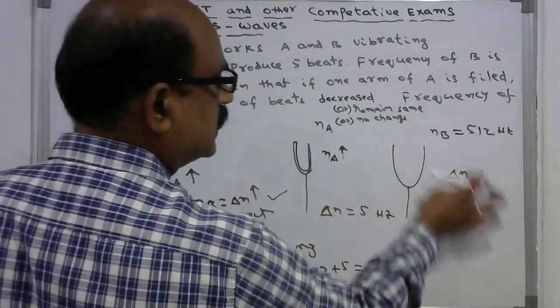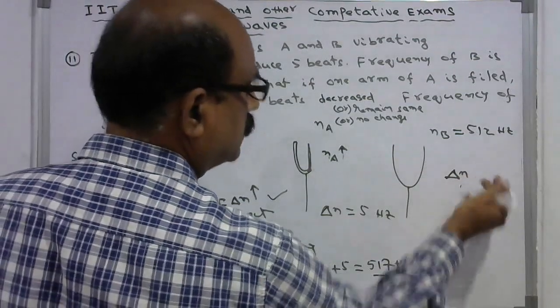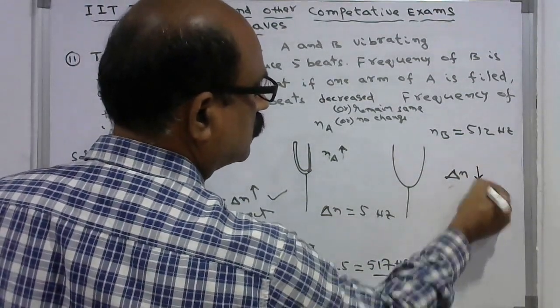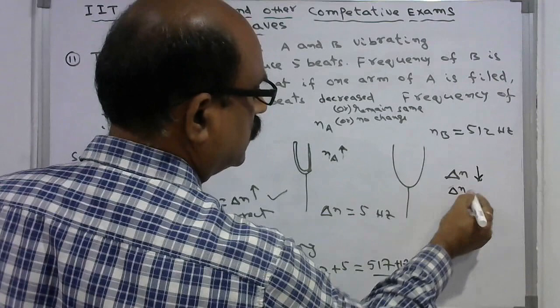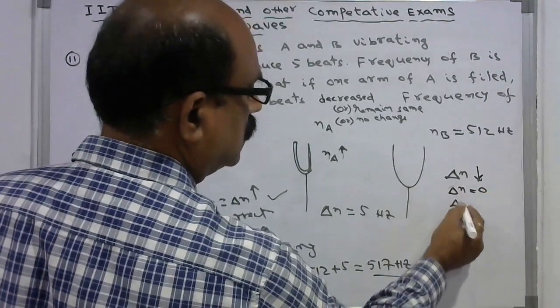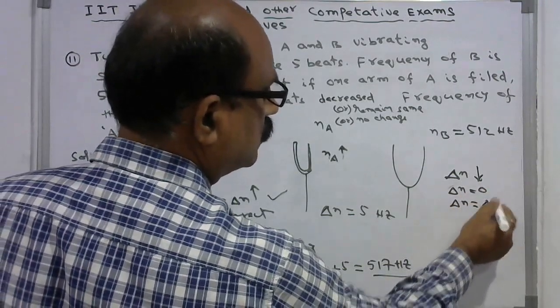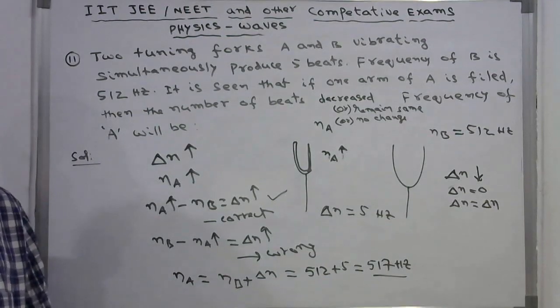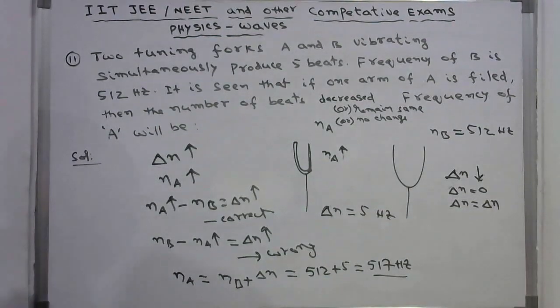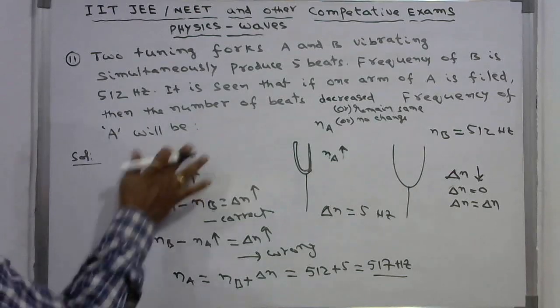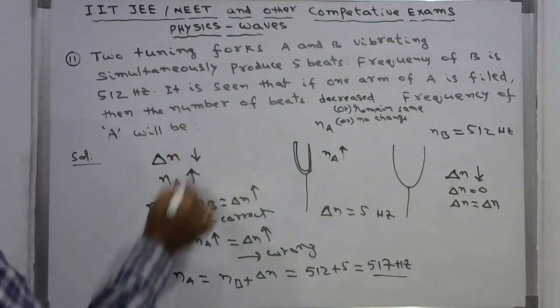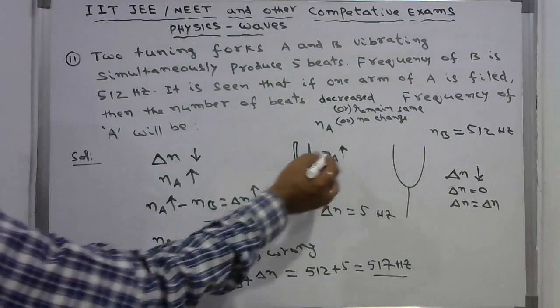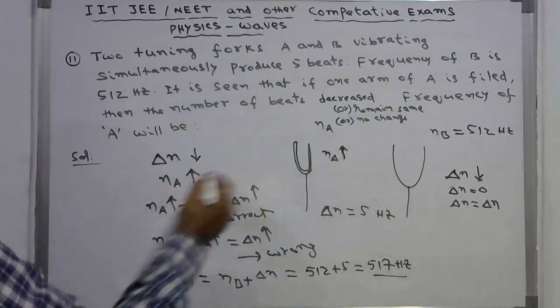So this delta n is either decreased or delta n becomes 0 or delta n becomes same. So under these circumstances, we have to formulate as, so delta n is decreased, NA will always increase on filing, no change.